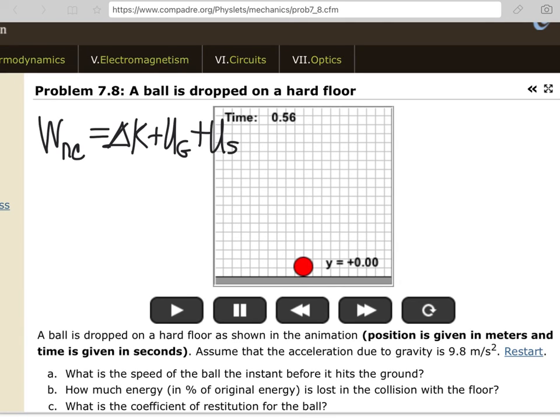And then in really a very short time, all that kinetic energy goes away because the ball instantaneously stops at the bottom. And so it's all stored in the ball like the ball is a compressed spring. And then it bounces back, but it's not going to go as high.